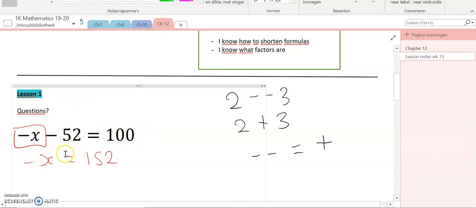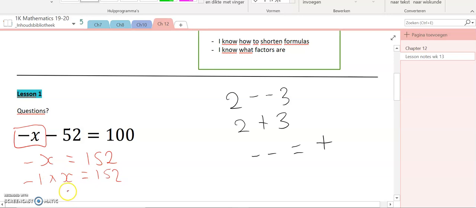So if negative x is the same as 152, actually it says negative 1 times x is 152, then x should be negative 152, because then you get negative 152 minus 52, and negative together, that's just plus, so it's a positive number again, and then you get 152 minus 52 is 100. Okay, I hope that's more clear now.